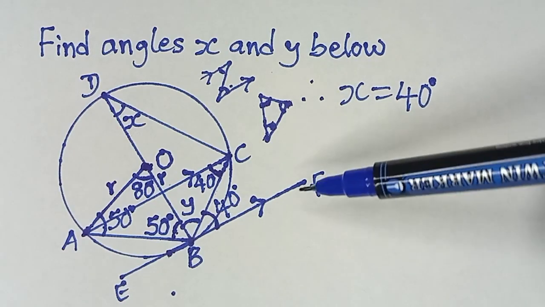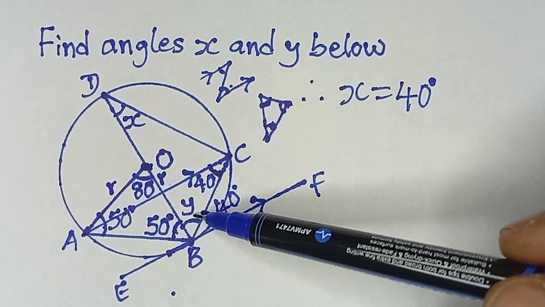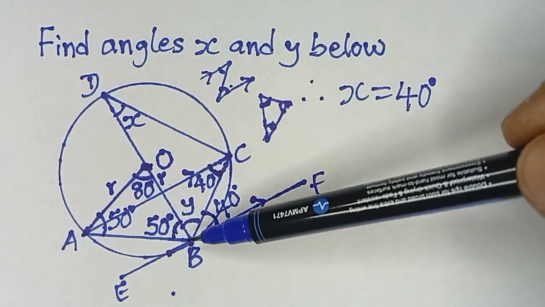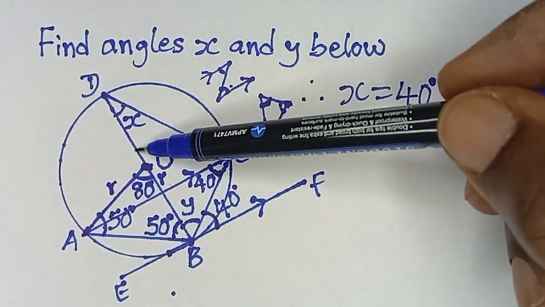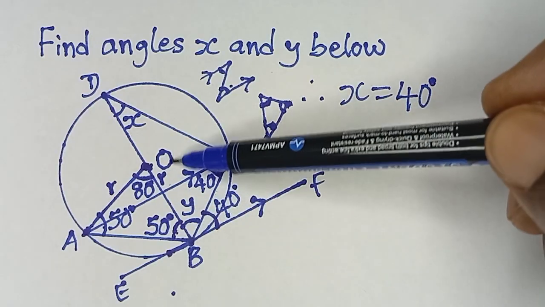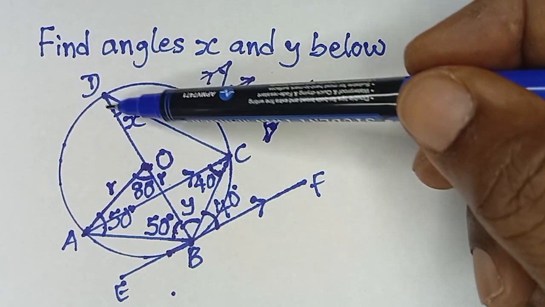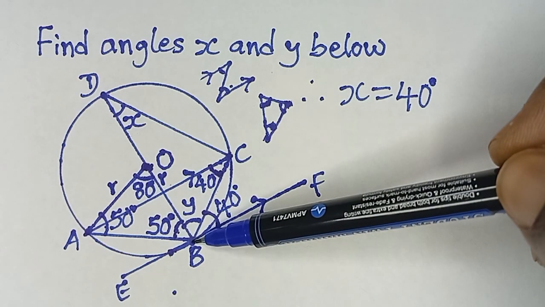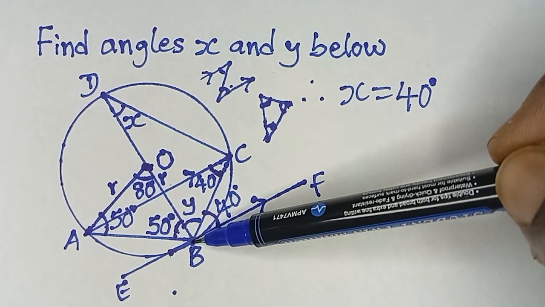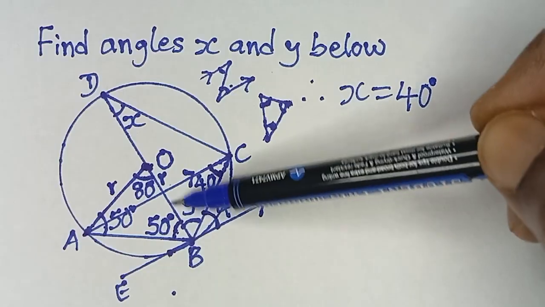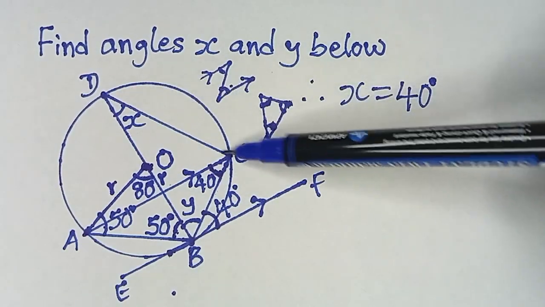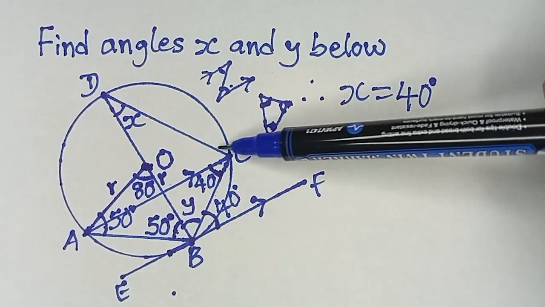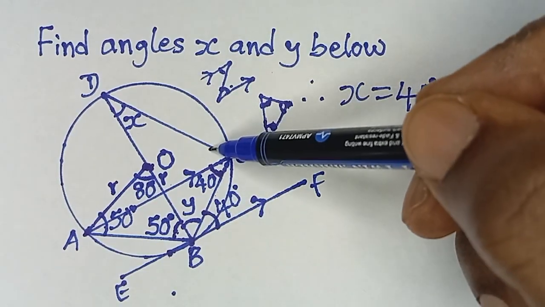Then let's move on finally to find angle Y. If you look at it critically, this line BD is passing through the center of the circle, center O. So this line BD is passing through the center of the circle. Now, in the same way, the opposite angle that this line has in the triangle that it forms in the circle, don't forget this line has this angle here, opposite angle.